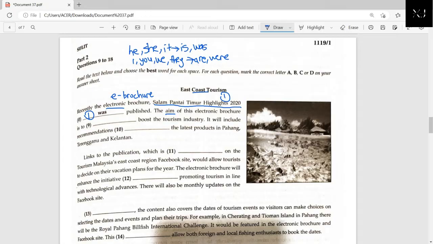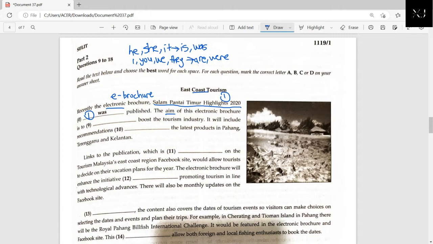Food recommendations, places, suggestions that you give to people to tell them what they can enjoy, what they could do when they visit a new place. The latest products in Pahang, Terengganu and Kelantan. Latest is not late, lewat. It means the newest, but we don't use newest, we say latest most of the time.